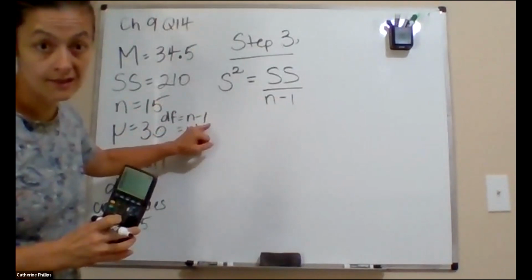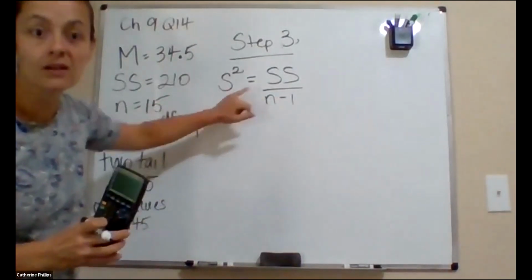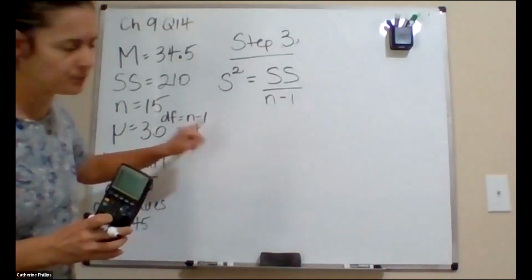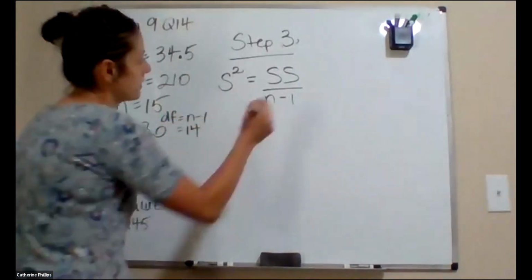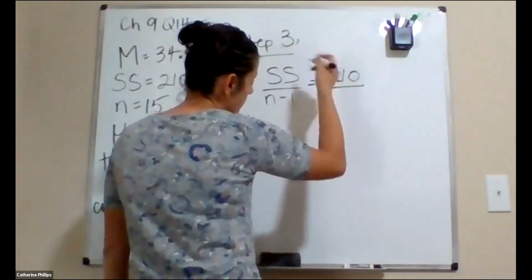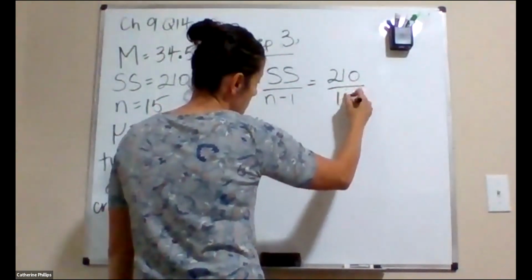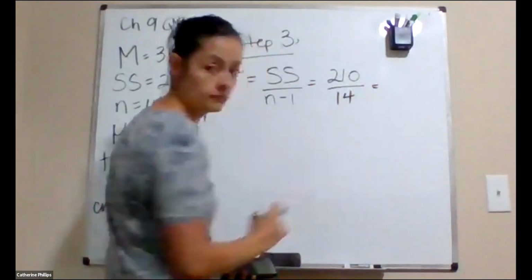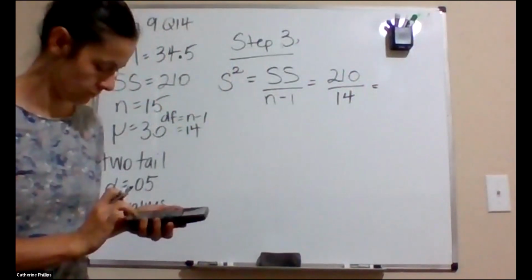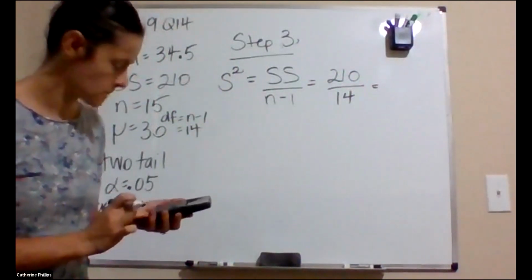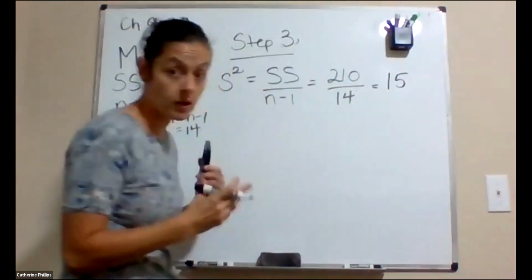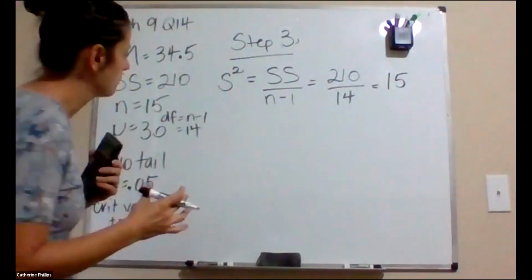This is why our degrees of freedom in our t-test is what it is. So here we've got 210 divided by 15 minus 1, which is 14, which is 15. So our variance is 15.